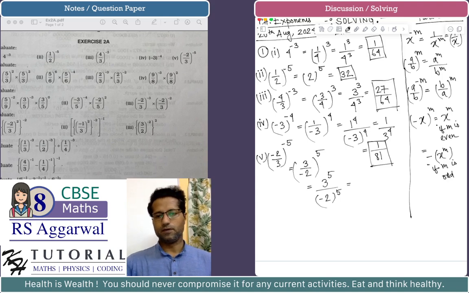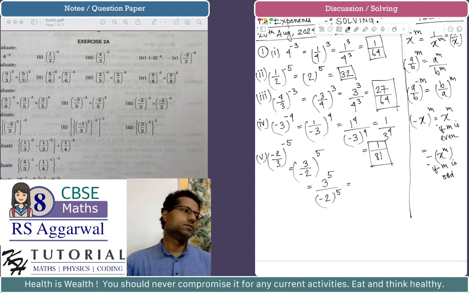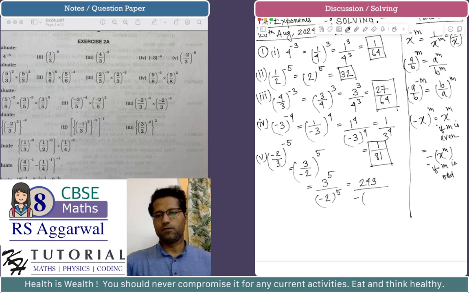3 to the power 5 is 243, divided by minus 2 raised to the power 5. The power 5 is an odd integer, so this will be negative of 2 to the power 5.